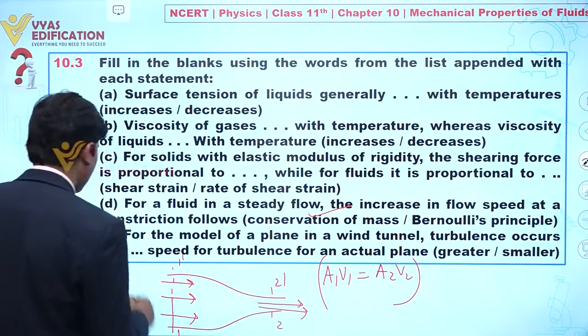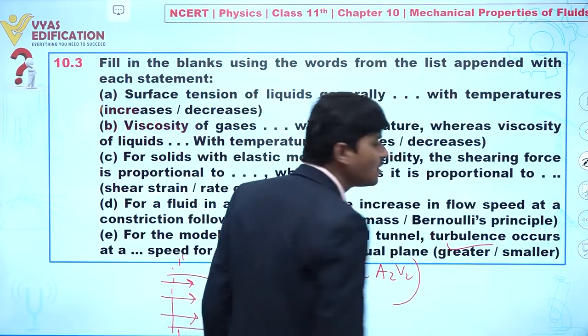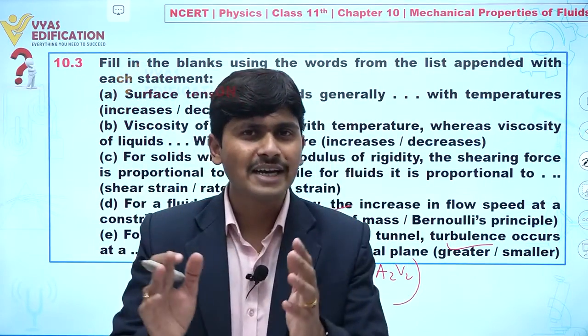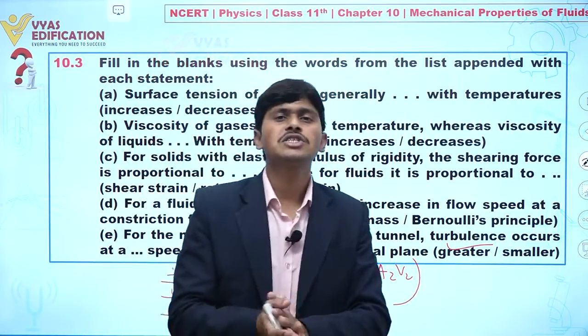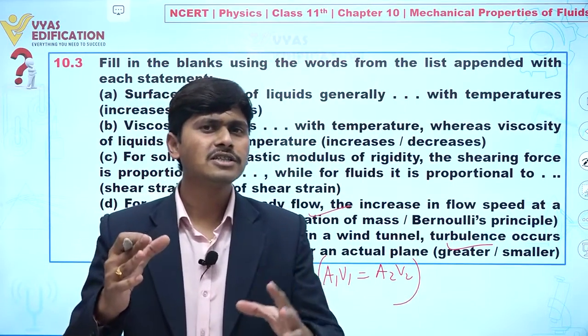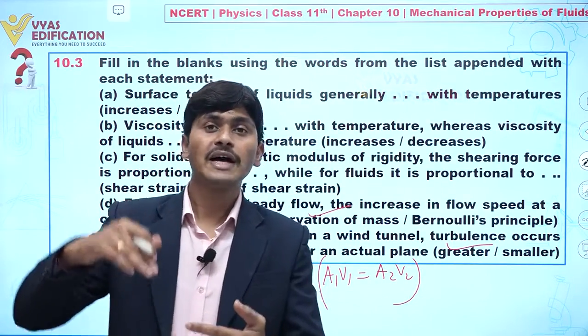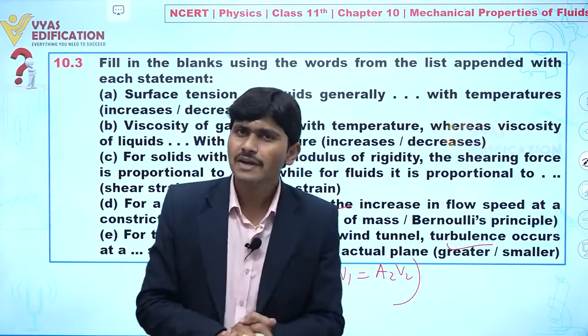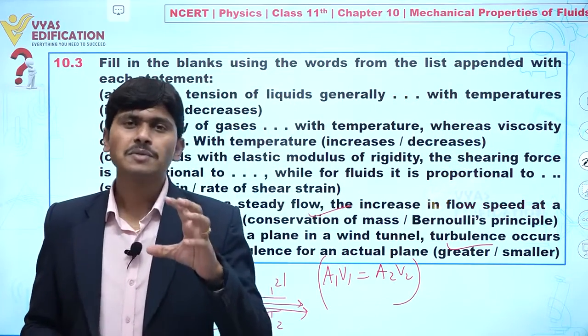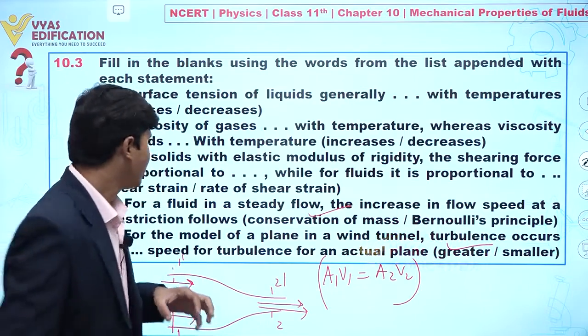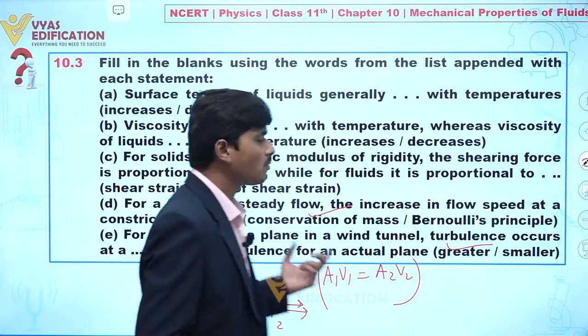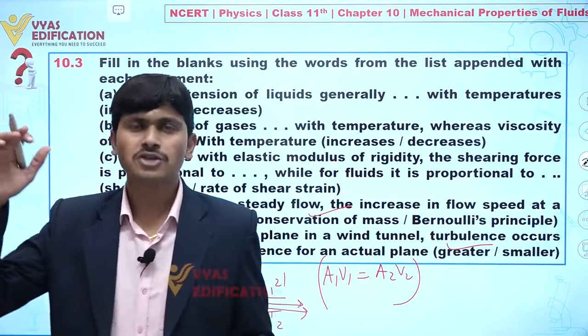So the correct answer is that it is greater. In a wind tunnel we are simulating the same situation as for an aeroplane at a certain height. Here we can simulate, but turbulence will occur at a greater speed compared to turbulence at the actual position.